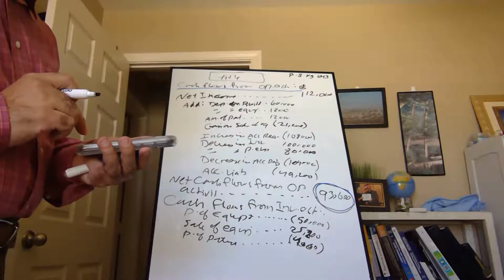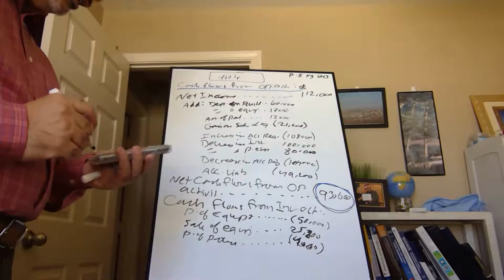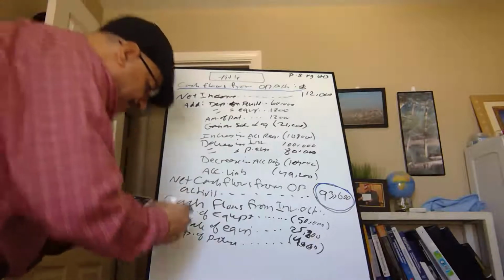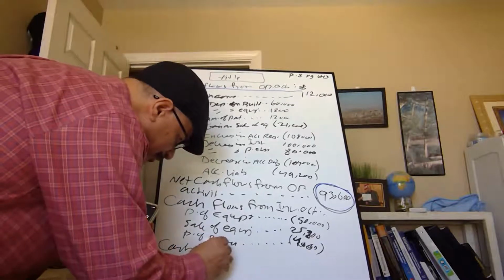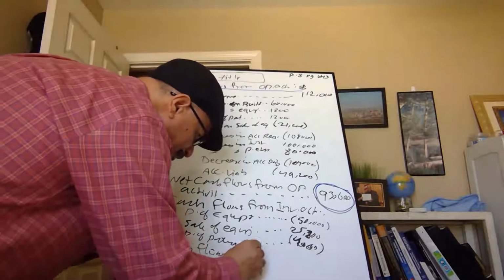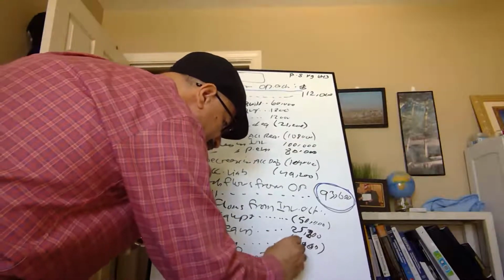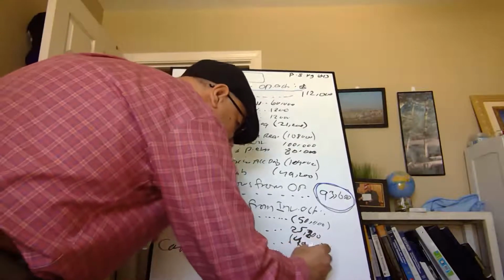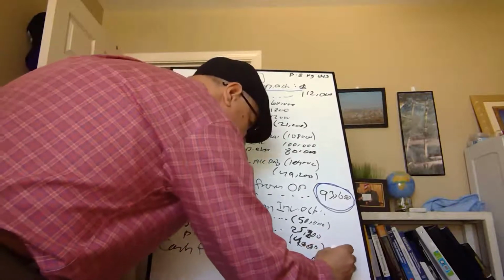So that would give us a negative number of 28,800. So cash flows from investing activities is negative 28,800.